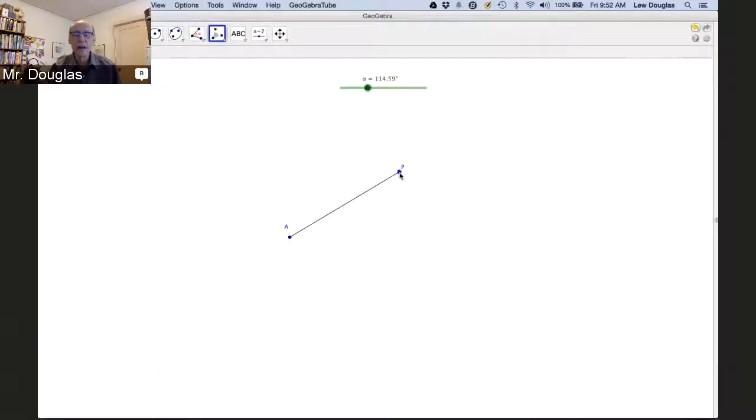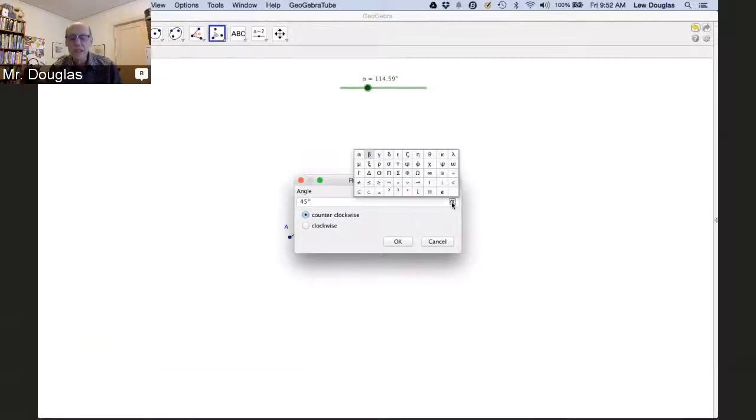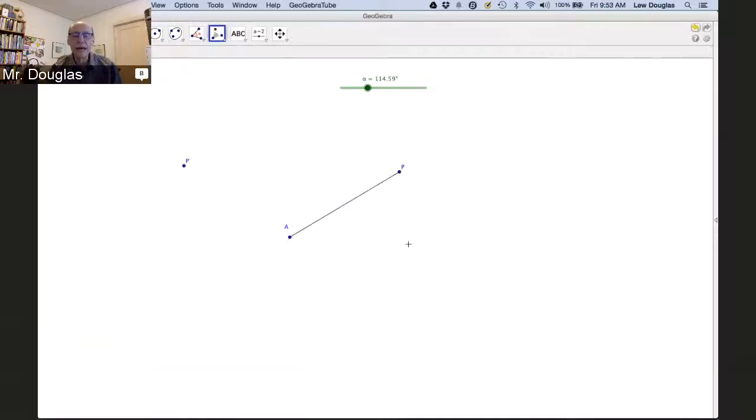Okay. Object, center point, and then it gives me the choice of an angle. I can pick the angle alpha, and I don't want the 45 degrees that I had before, and counterclockwise is going to be positive, and I say okay. There.